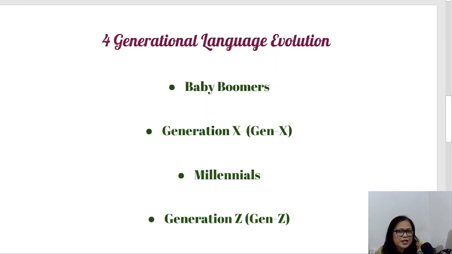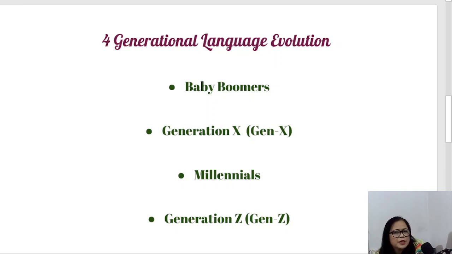Meanwhile, the millennials were born during the peak of technological advancement, so their communication language is widely influenced by technology, the latest trends, the changes in lifestyle and everything. And actually, millennials are divided into two, the older millennials and the younger millennials. Most of the younger millennials are like Generation Z.